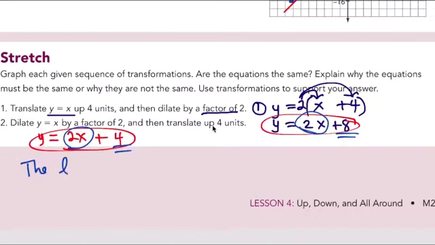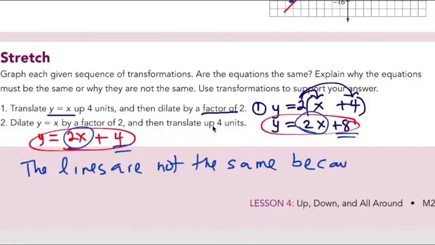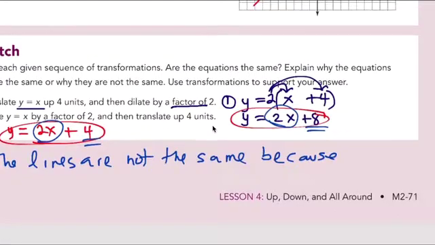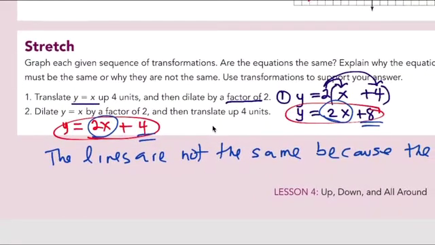The lines are not the same because the y-intercepts are different.